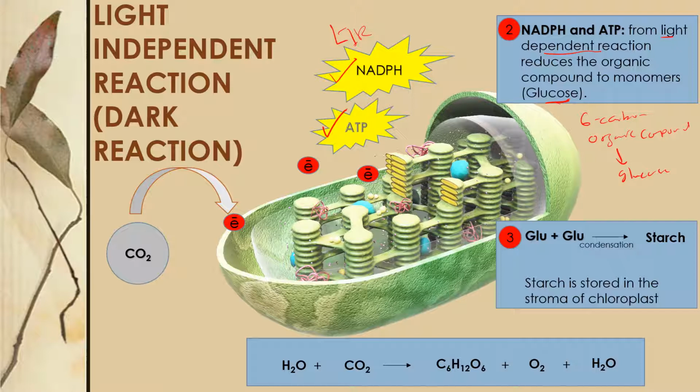Okay, next glucose. Sebab kita akan ada banyak kan, is a granum, right? Granum is a stack of thylakoid tadi. Okay, for optimum photosynthesis. For sure, dia akan masukkan lot of glucose. So glucose plus glucose will become polymerization. Okay, polymerization process. So it will condense and become starch. Okay, starch is stored in the stroma of chloroplast.